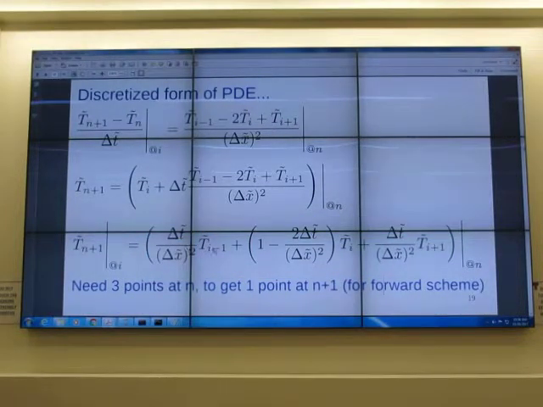Any idea how to do it in the code? You can still say delta t tilde at i minus 1, delta t tilde at i, delta t tilde at i plus 1. But you have your own definition of t tilde. Is it like that? Can I just do that? No. You have to start from the beginning.